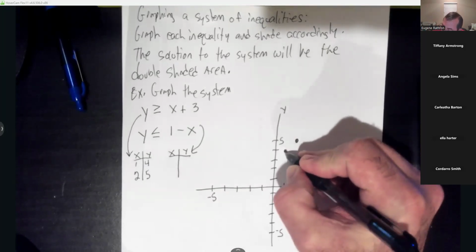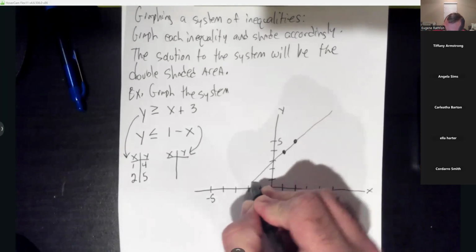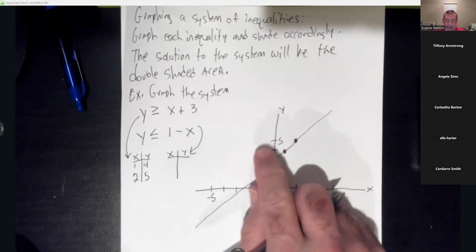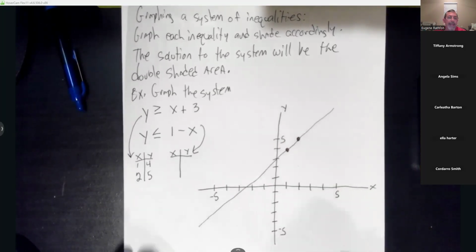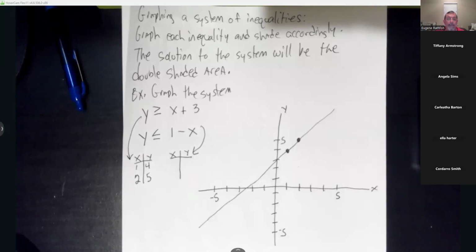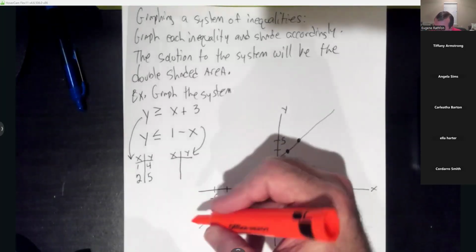But it would be a solid line, right? Because of the equals. So the first line here, would y'all shade that one above or below? That was greater than, good job. That's going to shade above.